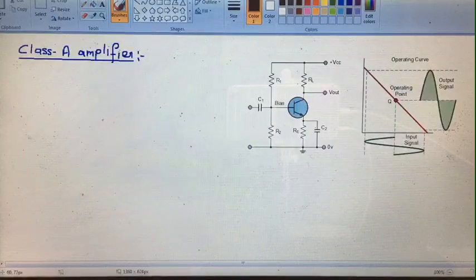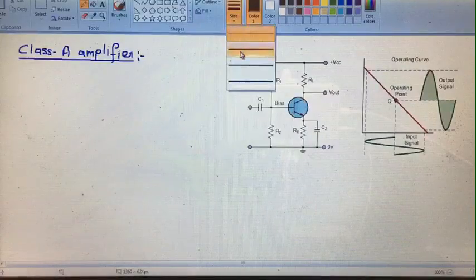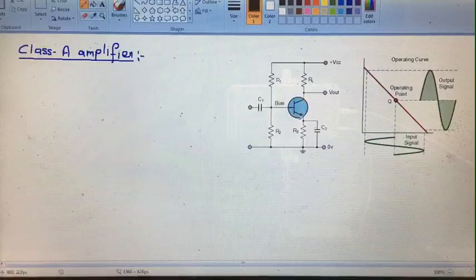So, let's see here. We have used a common emitter transistor for making an amplifier. In this case, we have drawn the output characteristic with its corresponding DC load line.